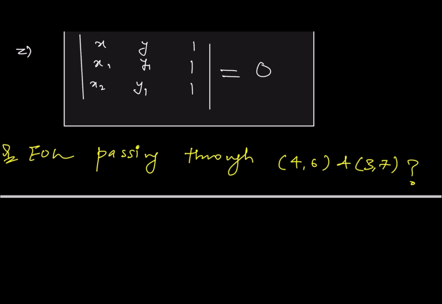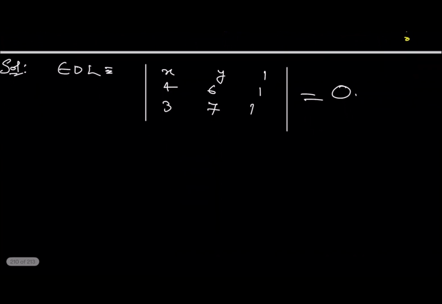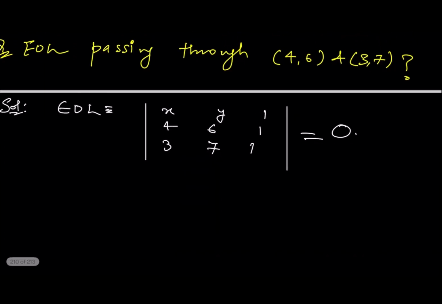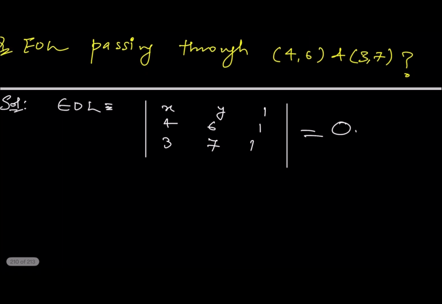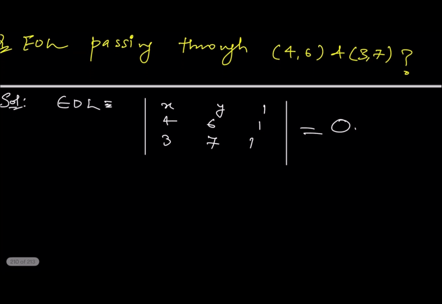But now I have to find the equation in terms of a determinant. So the equation of the line is nothing but the determinant x y 1, x1 y1 1, x2 y2 1 is equal to 0. As simple as that. But what we are seeing here is the use of determinants.